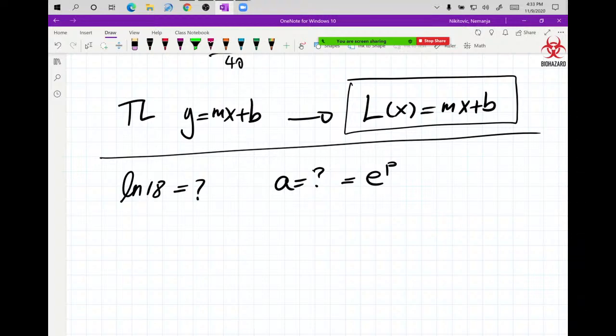So let's try and figure out what the best power p would be. So e is approximately 2.7. It's a forever decimal, right? It's not 2.7, but 2.7 is good enough. e squared is 2.7 times 2.7.